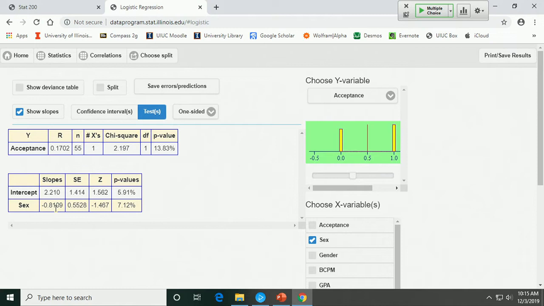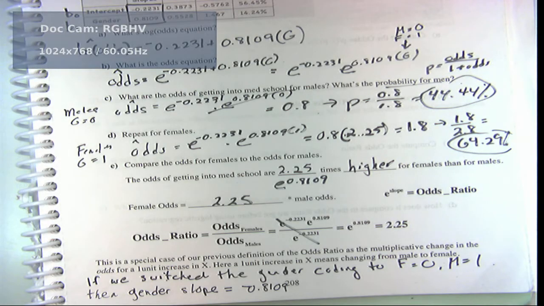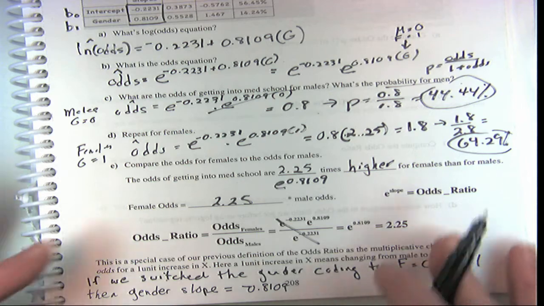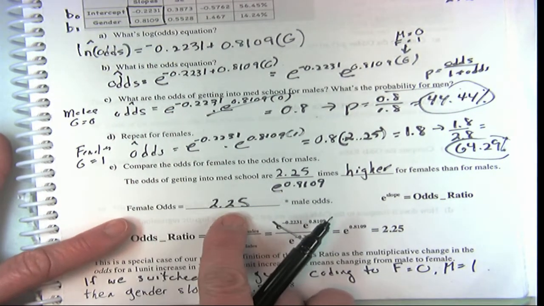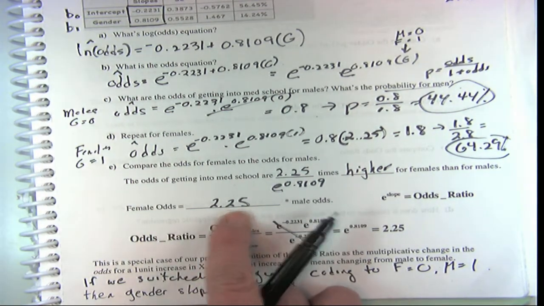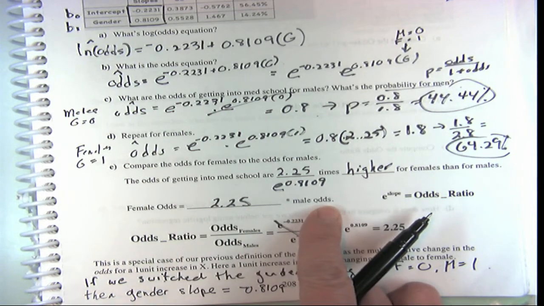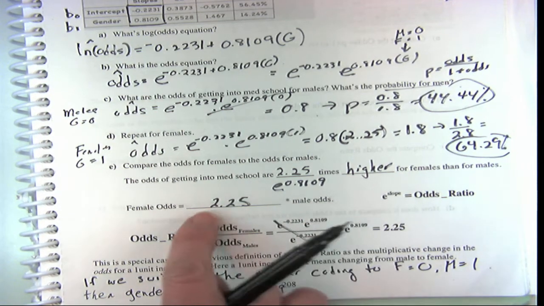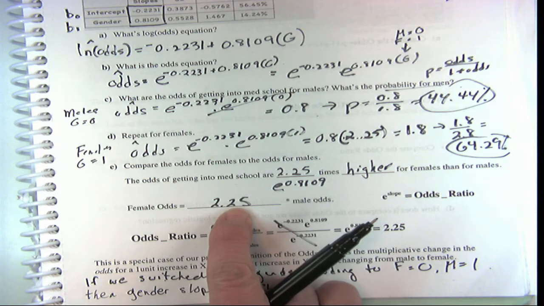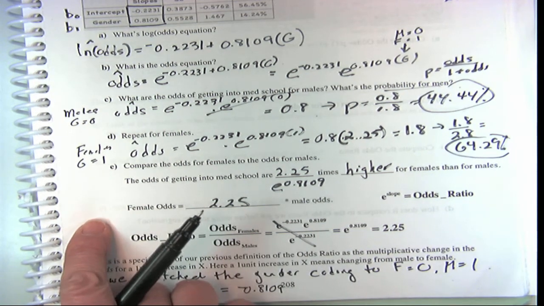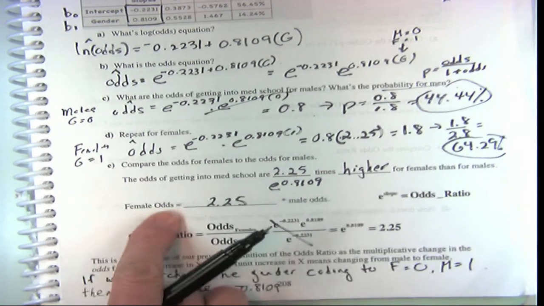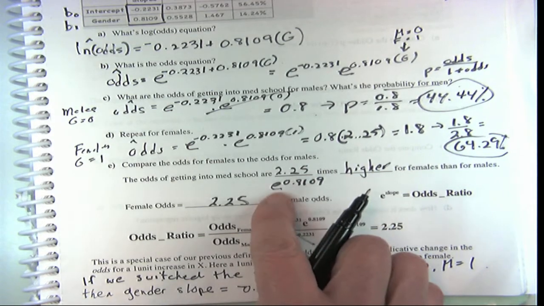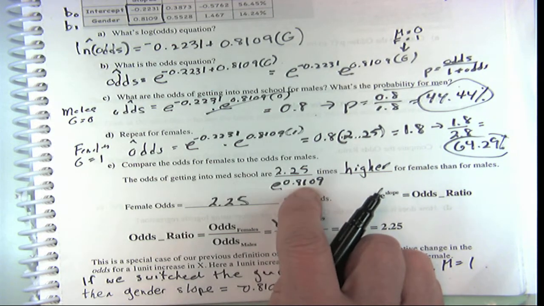That makes sense because if you think about it, let's go to the document camera here. The female odds are 2.25 times the male odds. So the male odds, if you divide both sides by 2.25, would be 1 over 2.25 times the female odds, which means it would be e to the negative.